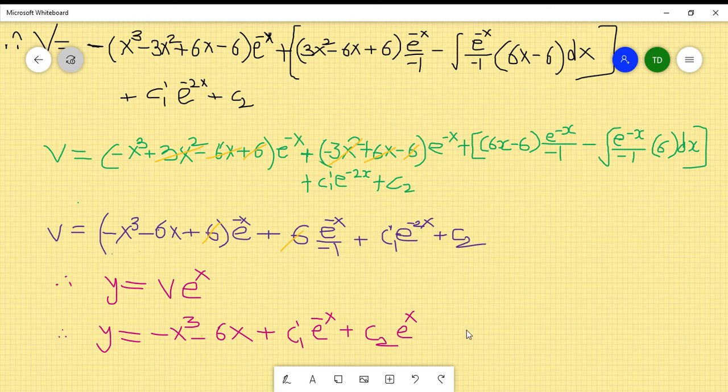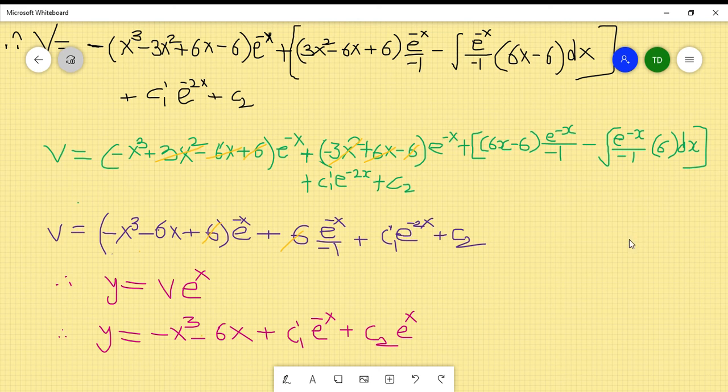So this is the complete solution. We better know, in the beginning itself we mentioned that e raised to minus x and e raised to plus x are the solutions of the concerned homogeneous equation. We have now just to verify whether this part is a particular solution, or a solution of the given equation completely.